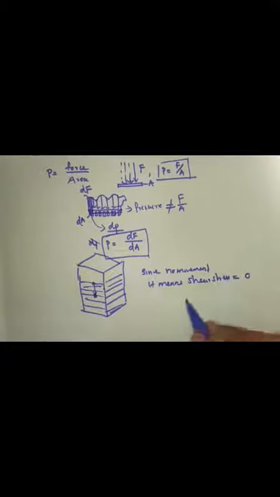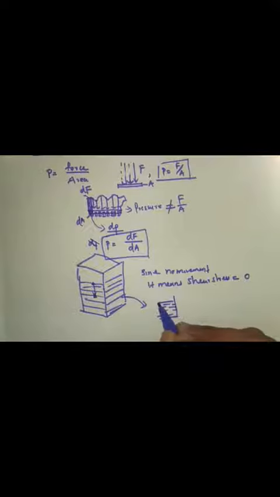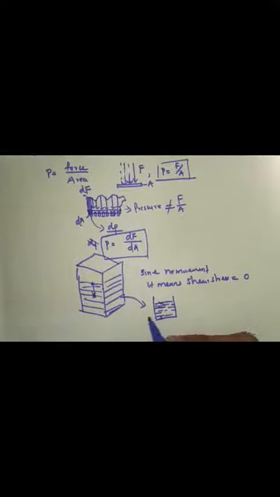Also, what it means, if we extend this portion, like this is the container portion, and the fluid is exerting a pressure on the wall of the container, then this pressure or force will be normal.